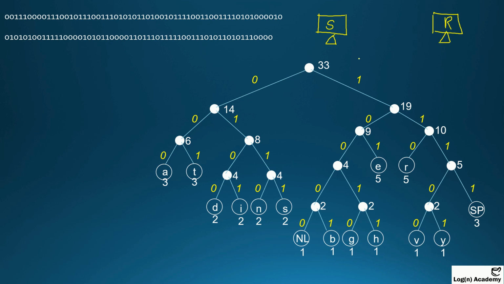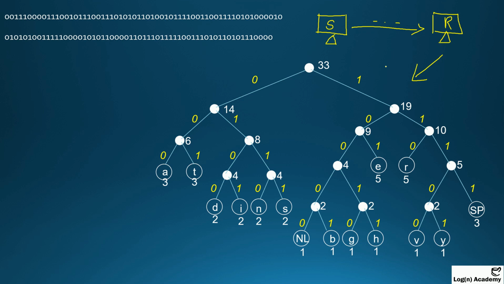The condition here is that the receiver should have this tree stored in his system, or in the application that the receiver is running; he should have access to this tree. Without this tree, this message cannot be restored. So the sender will somehow send this tree to the receiver, and the receiver will use this tree in order to restore the original message.